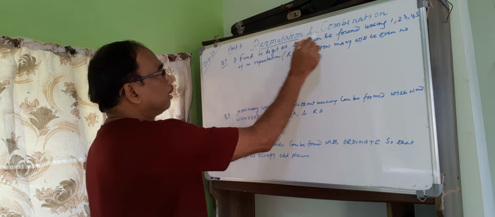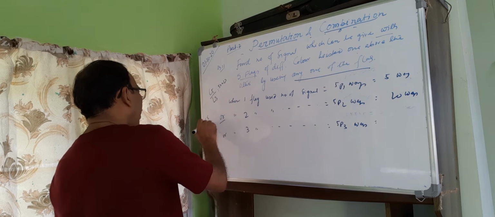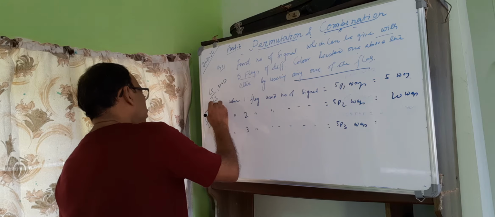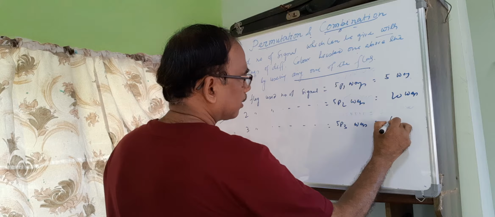Or when 3 flags are used, 5P3 is 5 into 4 into 3, that is 60 ways.